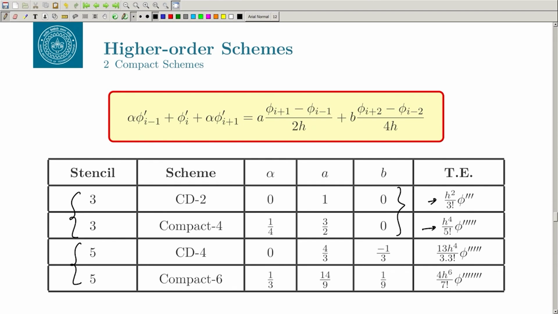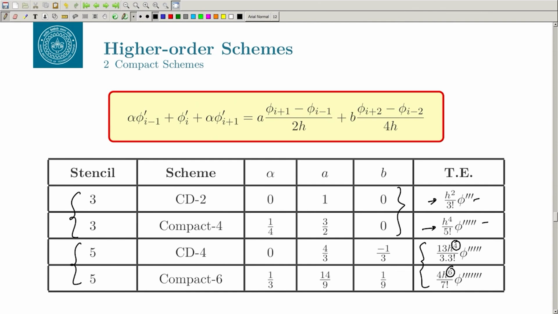So, this is the second order accurate system and this is the fourth order accurate system, but the number of points in the stencil remains the same. And if you compare the CD4 and compact 6, they both require a 5 point stencil, okay. But the order of accuracy in the CD4 is 4 and for the compact it is 6, right.